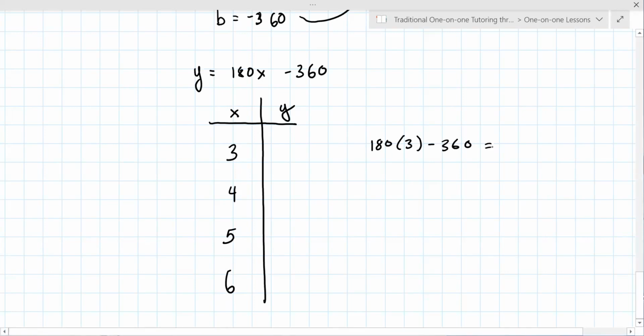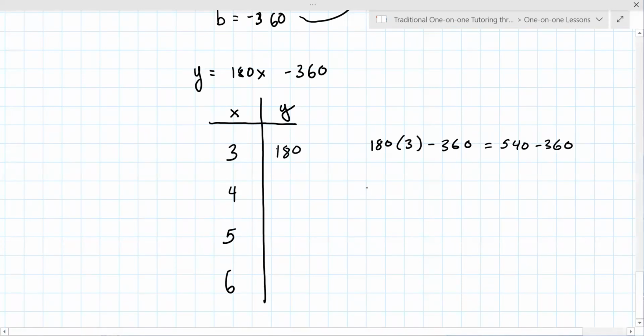What is 540 minus 360? 180. Yes, that is correct.